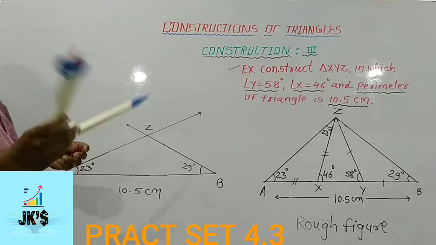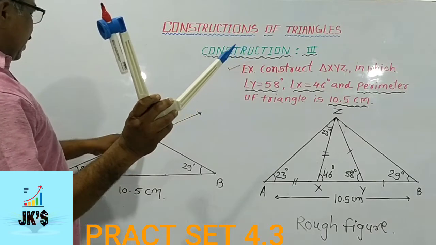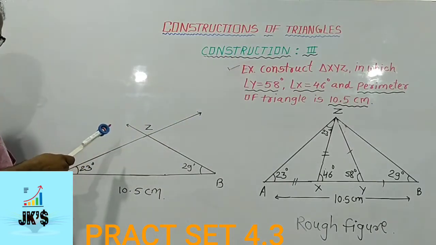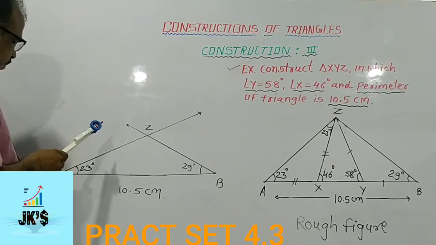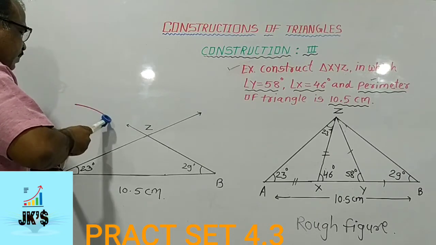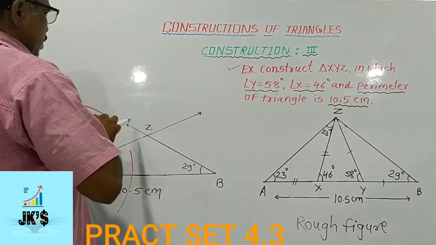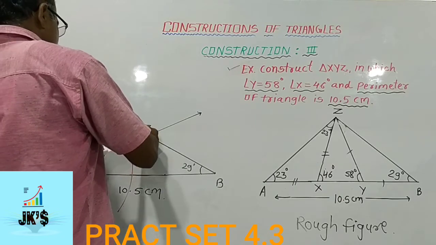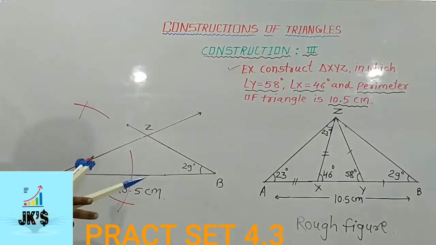So take a distance slightly greater than half of AZ and draw the arcs on both sides. Similarly from Z, those are these arcs.